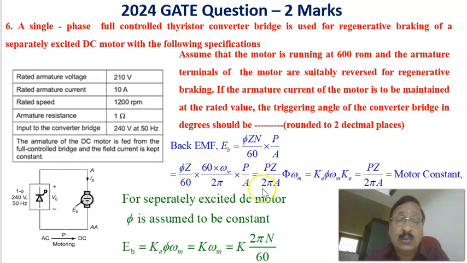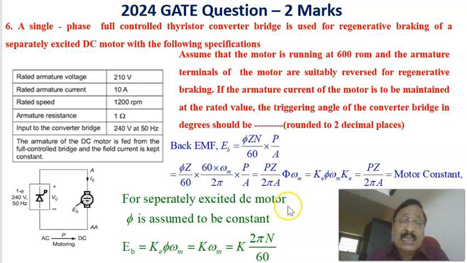Substituting that here, we get PZ divided by 2 pi A into phi into omega m. As far as a machine is concerned, PZ divided by 2 pi A is a constant Ke, so EB equal to Ke into phi into omega m, where Ke equal to PZ divided by 2 pi A. That's called the motor constant. Therefore, the basic equation is that the back EMF EB equal to Ke into phi into omega m.